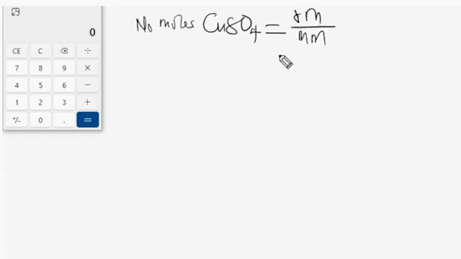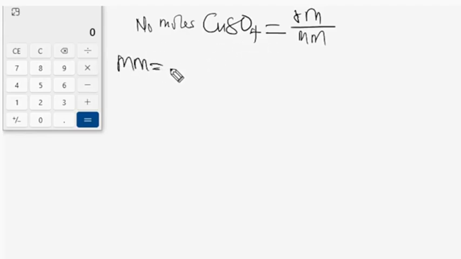The reactant mass is the mass given to us in the question, and the molecular mass is the one we have to calculate from the atomic masses given to us. So using the atomic masses, let's calculate the molecular mass.